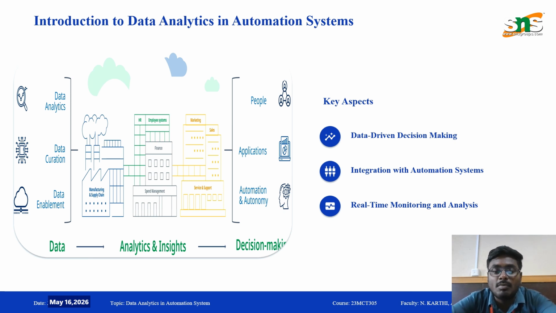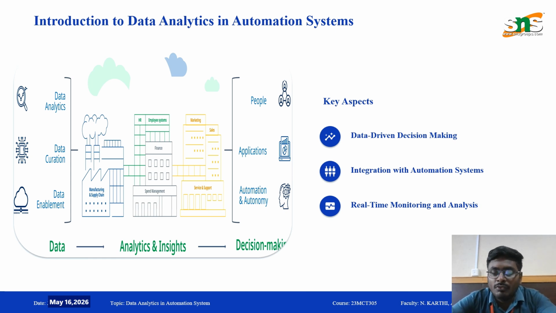The real-time monitoring and analysis is used for detecting issues as they happen rather than after they occur. So these three key aspects together shift manufacturing from reactive to proactive operations.